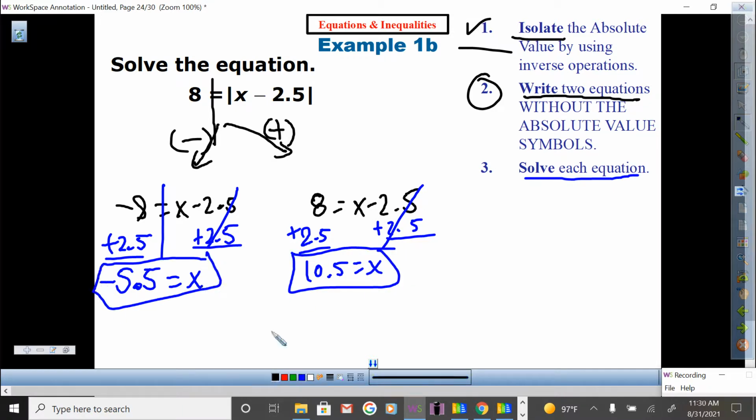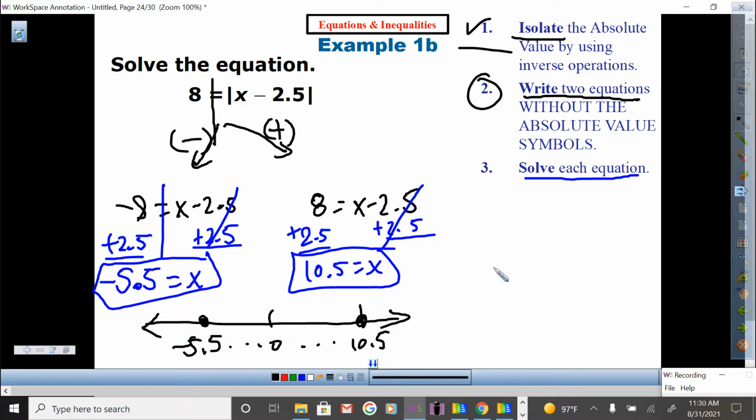Let's graph this. Dot, dot, dot, 5.5, and it's a negative right there. Dot, dot, dot, 10.5, and it's a positive. And are we done? No. Solution set is negative 5.5, comma, 10.5.